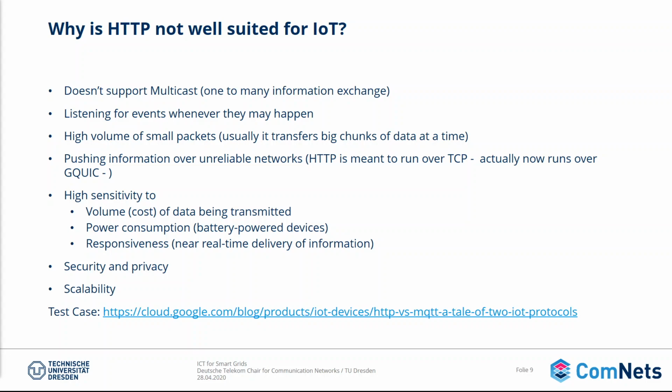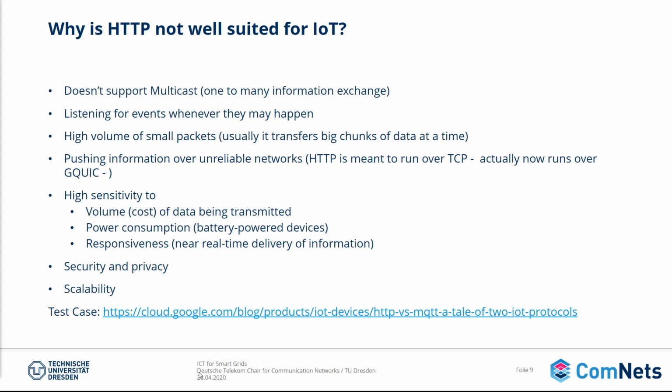So if more than one sensor wants to send data at the same time, or more than one sensor exists in the network at any given time, then the load on the server increases because each of these sensor nodes will need to establish its own communication channel with the server. And this means that the server has to have the same amount of connections as you have nodes in the network. And that's mainly why HTTP is not suitable for scalable networks that require many clients to connect to the server at the same time.